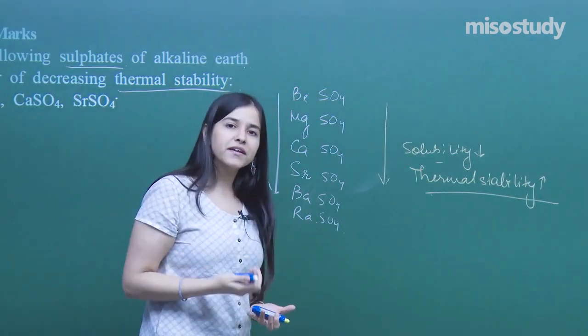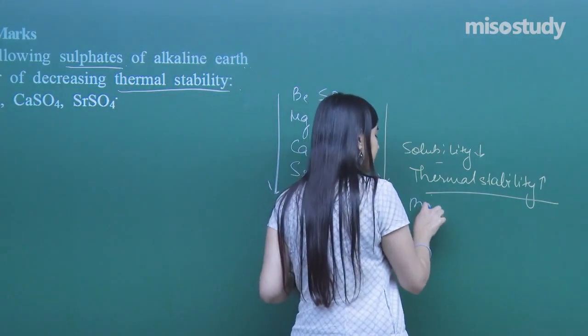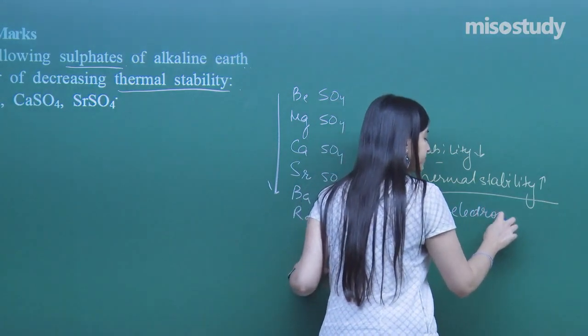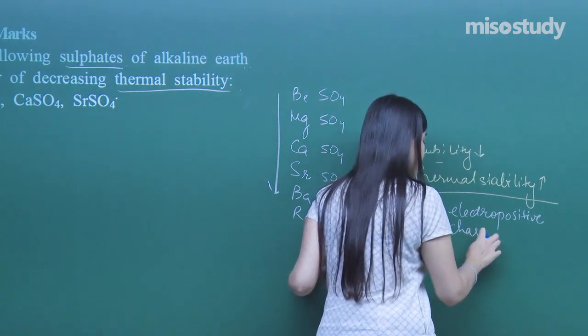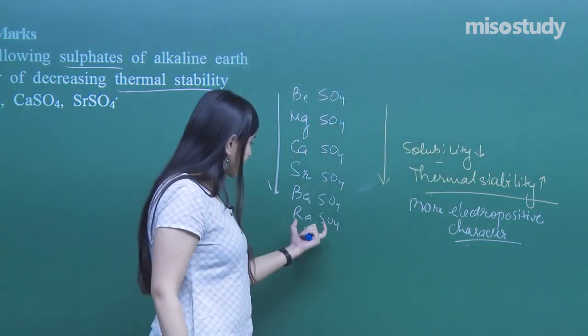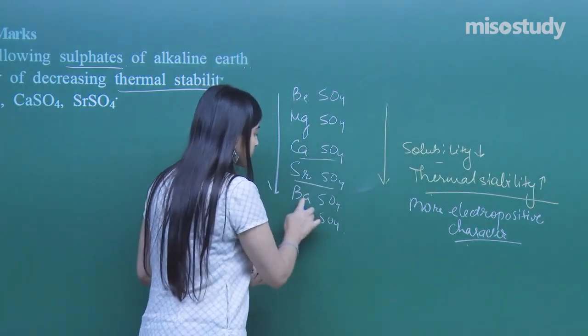Fine. And what is the main reason behind this thermal stability increase? It's the more electropositive character. More the electropositive character, the better. See here, these are all ionic compounds.